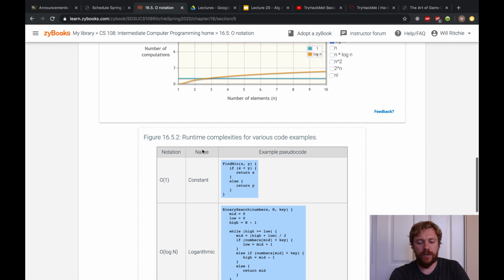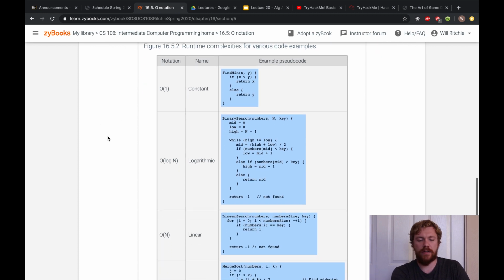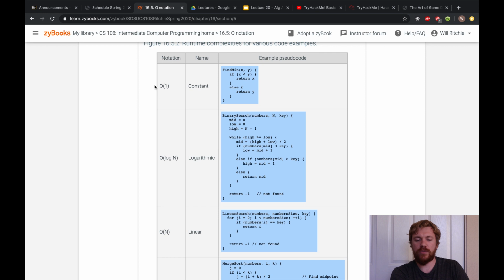So yeah, there are some very common big O complexities to look at. Right here, you'll see on the left of this table we have the big O notation. Big O of 1 is how you write something that is constant.